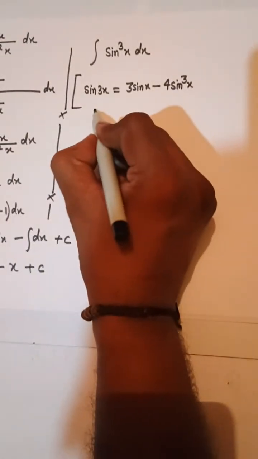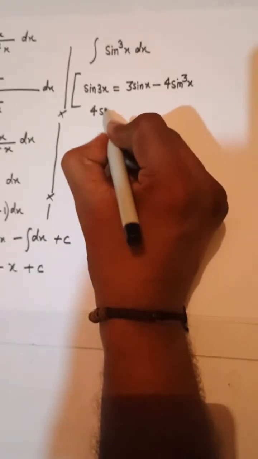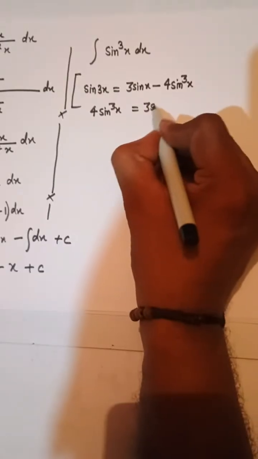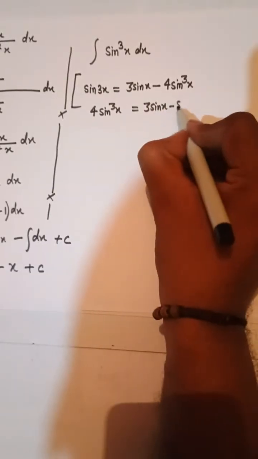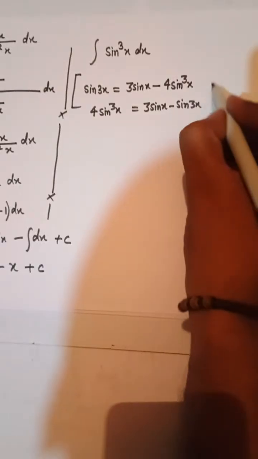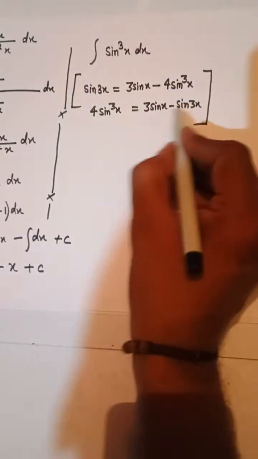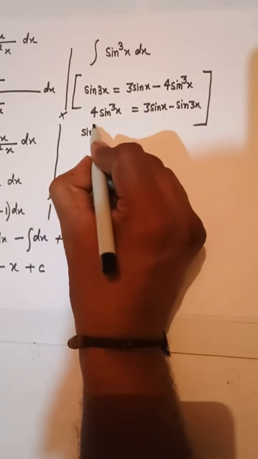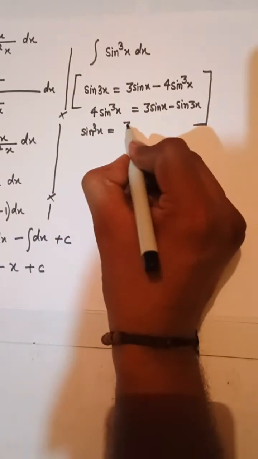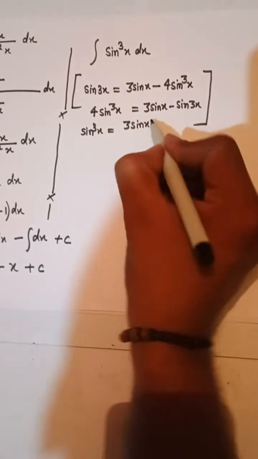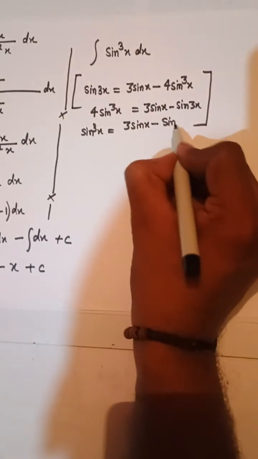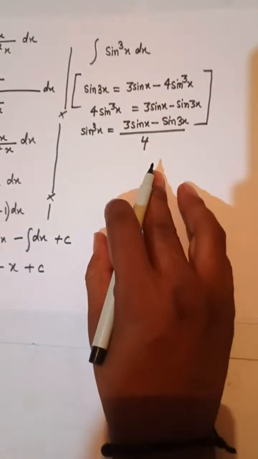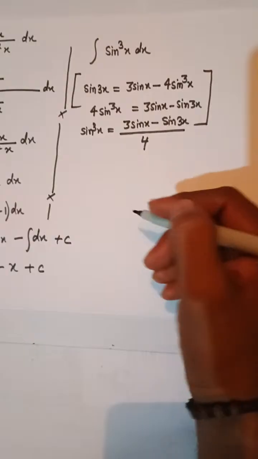It will be 4 sine cube x equals 3 sine x minus sine 3x. So sine cube x is equal to 3 sine x minus sine 3x, divided by 4. I'm going to use this formula.